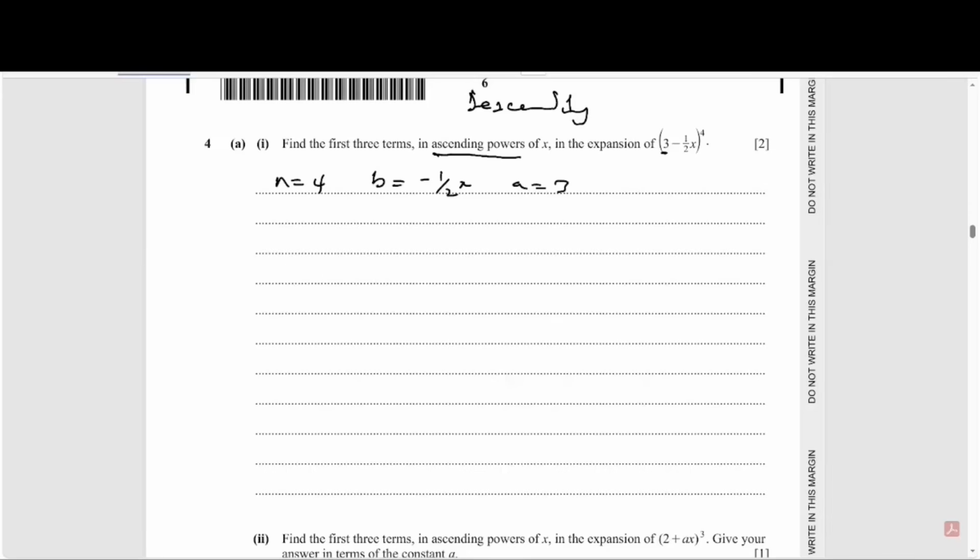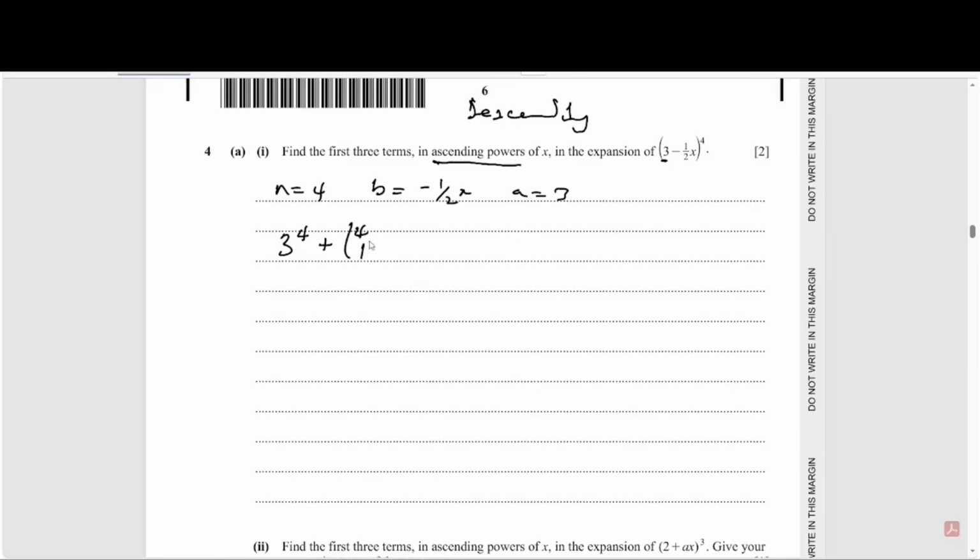So we start from 3 exponent 4, then plus 4 combination 1, and then 3 exponent 3, and negative 1 over 2 x exponent 1.